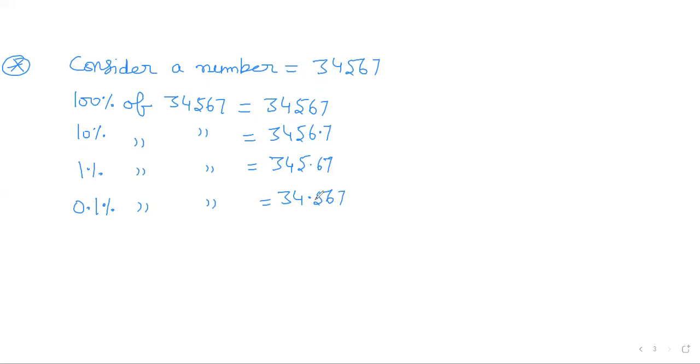So with this application, let's do an example, of course. Okay, let's solve this question. 20% of 7,213 is what?